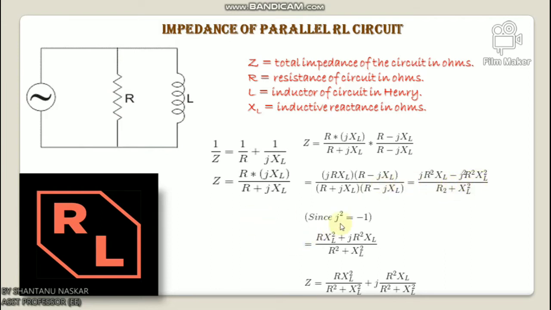Since J square equals minus 1, we can write R XL square plus J R square XL by R square plus XL square, and finally we can write Z equals R XL square by R square plus XL square, plus J into R square XL by R square plus XL square.